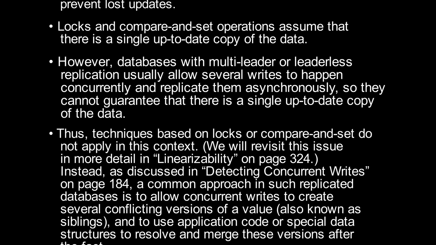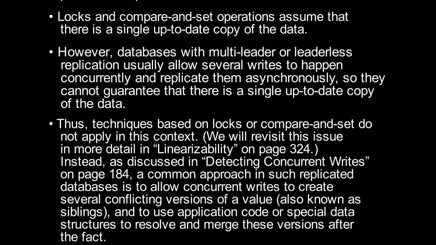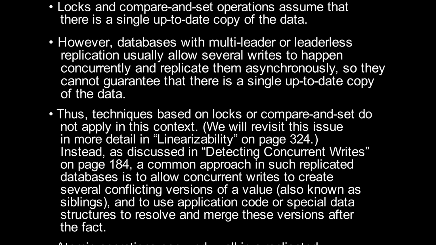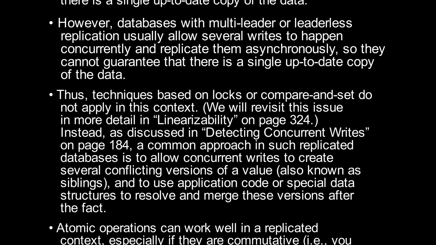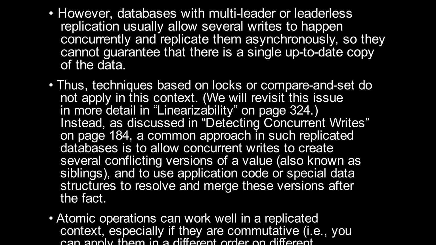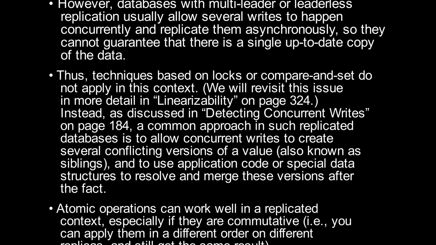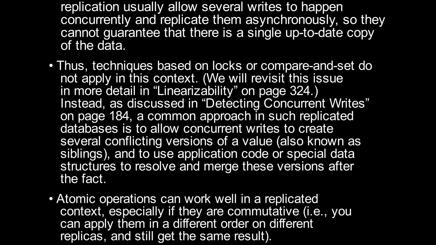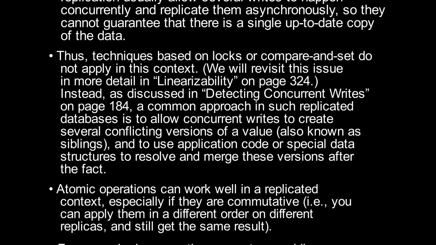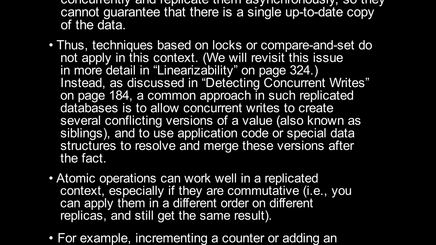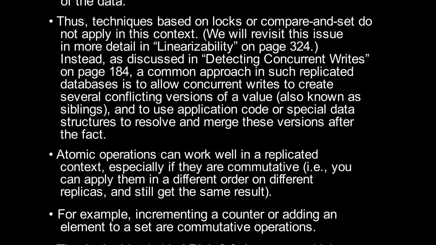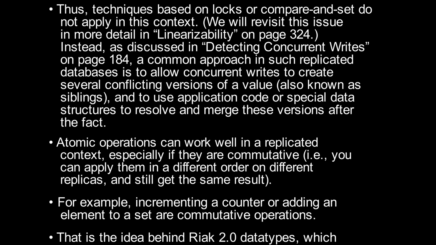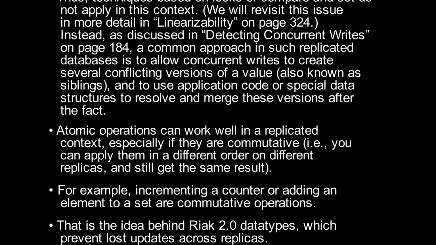Instead, as discussed in detecting concurrent writes on page 184, a common approach in such replicated databases is to allow concurrent writes to create several conflicting versions of a value, also known as siblings, and to use application code or special data structures to resolve and merge these versions after the fact. Atomic operations can work well in a replicated context, especially if they are commutative, i.e. you can apply them in a different order on different replicas and still get the same result.